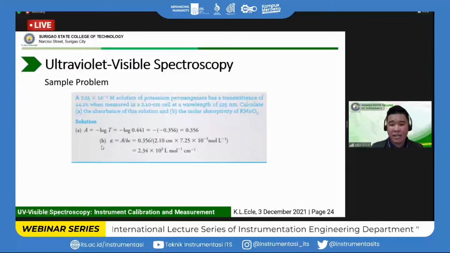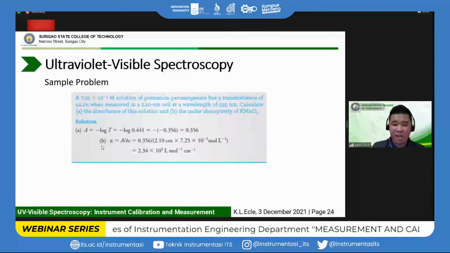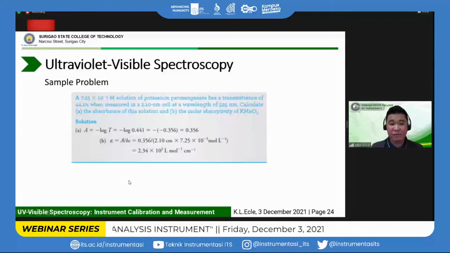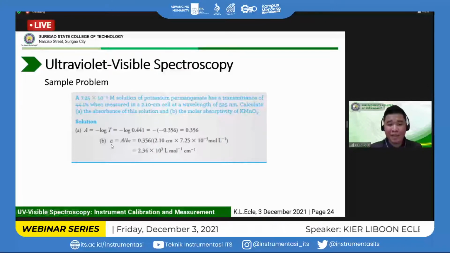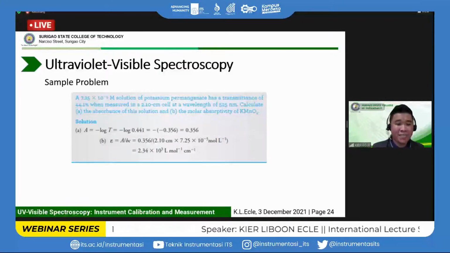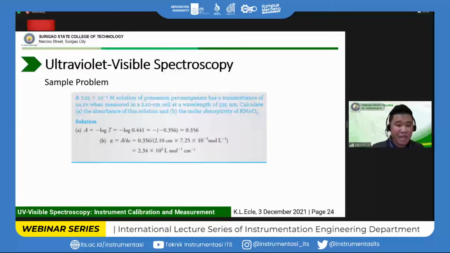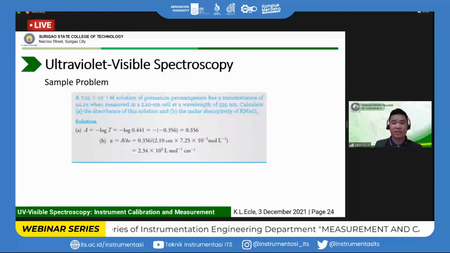If you are going to rearrange the formula, or derive the formula for molar absorptivity, you have the rearranged formula: epsilon is equal to absorbance divided by your path length times the concentration.